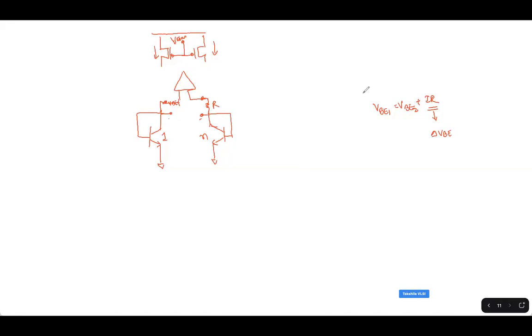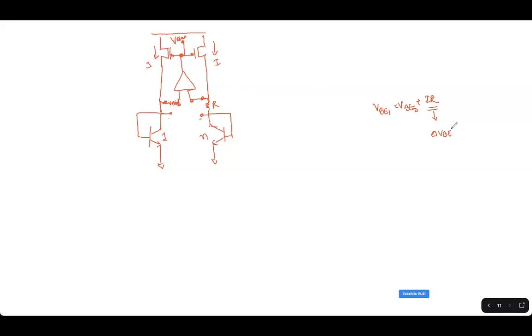Make sure that it is given in negative feedback and the output is shifted here. Now the same current flows here, same current flows here. We have IR, so this node and this node are constant.